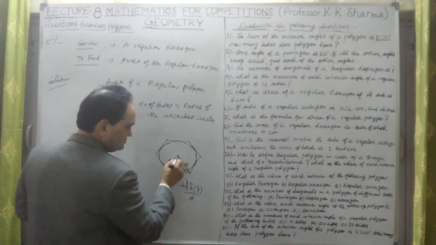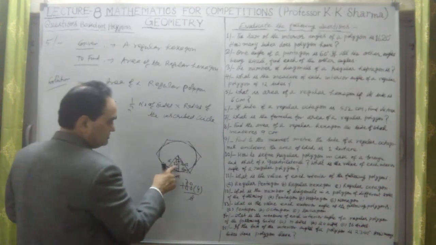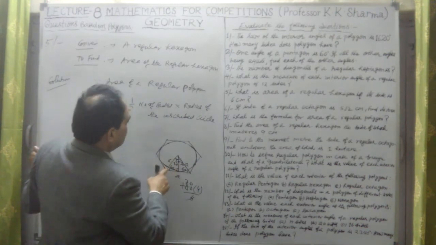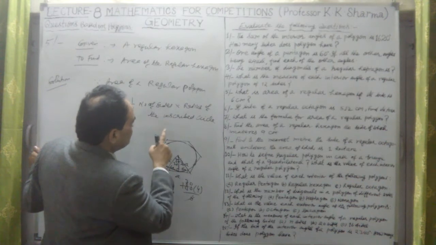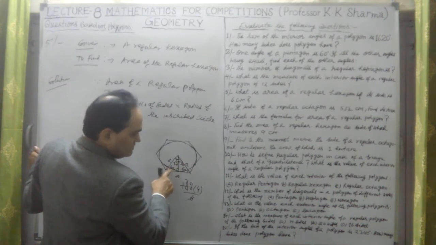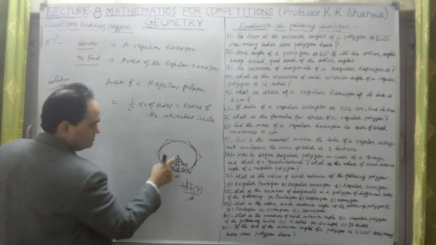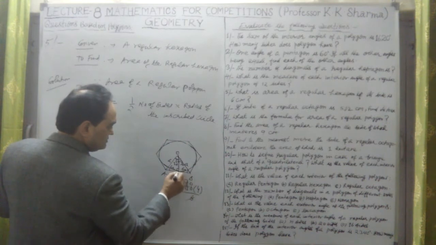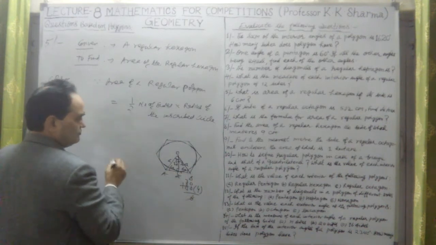So in terms of side, if I calculate with this 60 degree angle, let me take the vertices A, B, and this is C. So OC we have to find out.